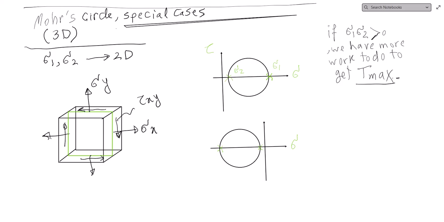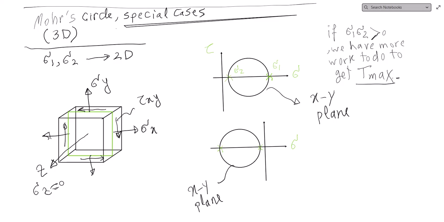The thing that we usually don't consider is that in the z-axis, sigma z is 0. So in other words, this Mohr circle will sit in the xy plane. We are talking about the xy plane as we discussed before, right?